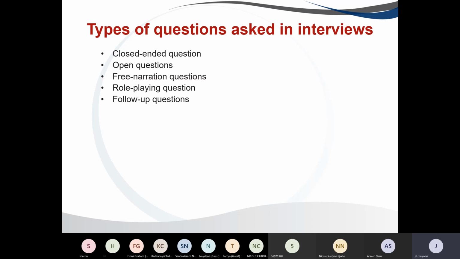And then we have open questions, which are the opposite of closed. And of course, from that, we can gauge that we are giving the participants an opportunity to actually explain their answer, to tell us a little bit more. And we've got free narration questions, which prompts your participant to take you through a story.